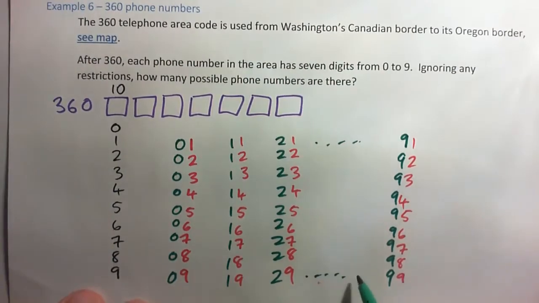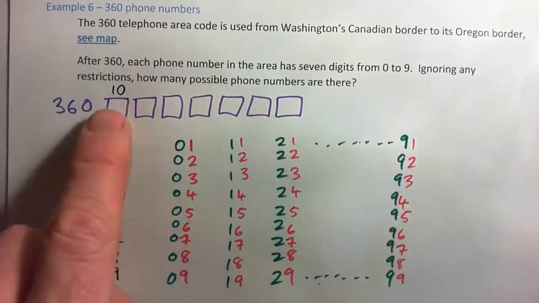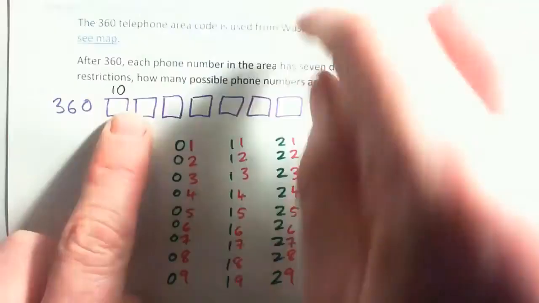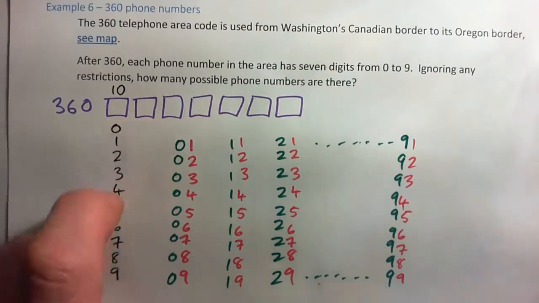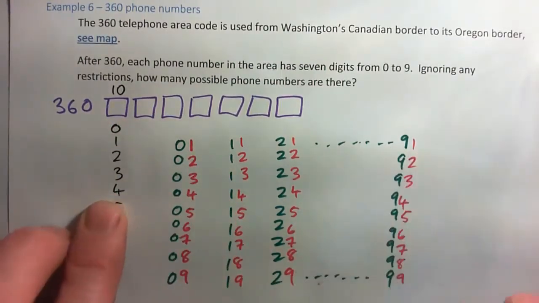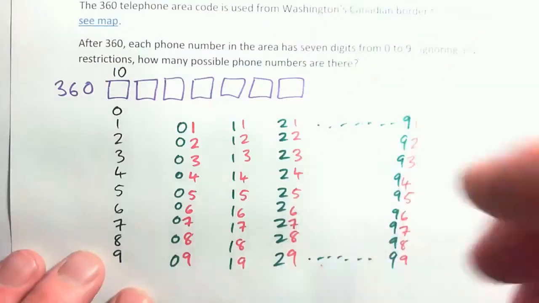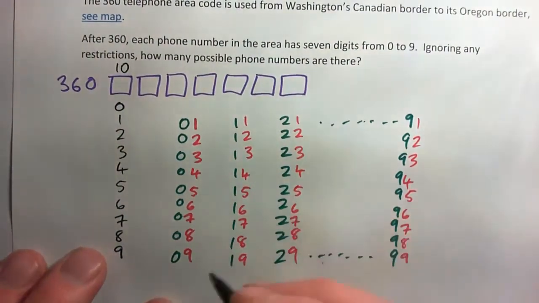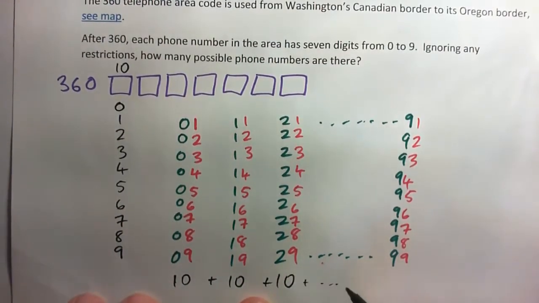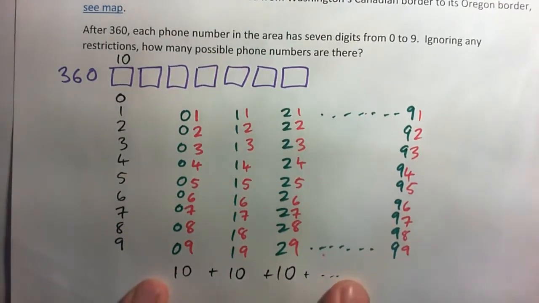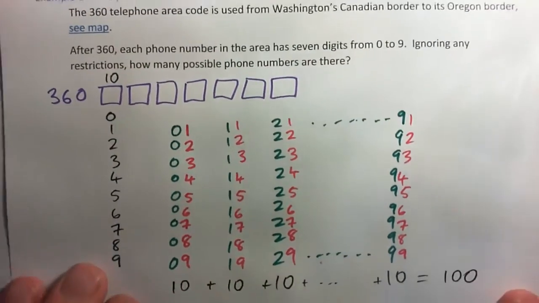So just looking at the first 2 digits, I didn't write them all out, but I hope you might be able to see that there are actually 100 possible options just for the first 2 digits, because there are 10 options beginning with 0, 10 options begin with 1, 10 options begin with 2, 10 options begin with 3, 10 options begin with 4, 10 begin with 5, 10 begin with 6, all the way through 10 begin with 9, to make 100 options just for the first 2 digits.